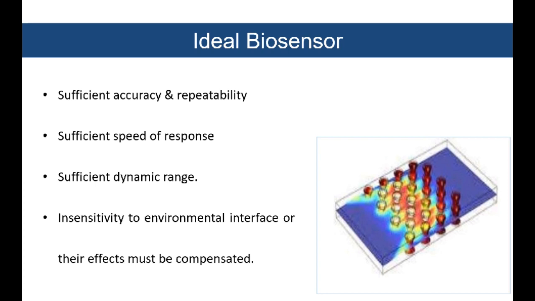There should be insensitivity to environmental interference, or we can say their effects must be compensated. That is, the external elements present in the environment should not affect the biosensor. So these were some of the characteristics of the ideal biosensor.